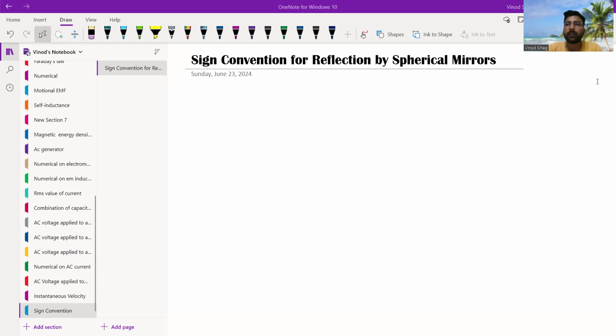Similarly, we find numerical problems based on lenses. For that, the sign convention is separate, and we will do that in some other video.